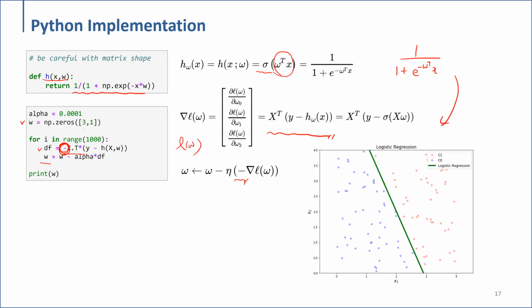If we update this value, then we can obtain the W value. And when you plot this on the data, we can see that the logistic regression decision boundary appropriately divides the data into two classes, C0 and C1.